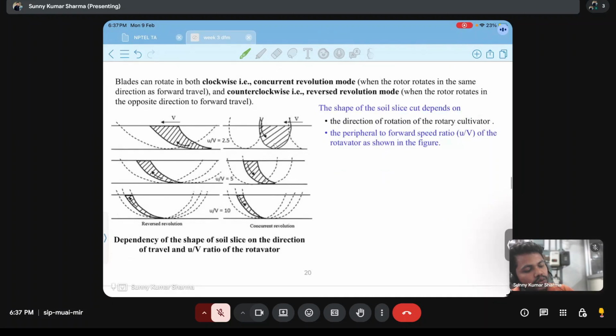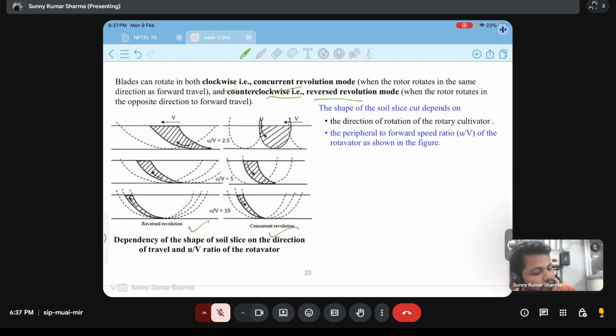And the next thing is there are two types of motion possible for the rotavator, that is clockwise or co-current type, and counterclockwise, that is reversed revolution. This is reversed revolution, this is co-current revolution.